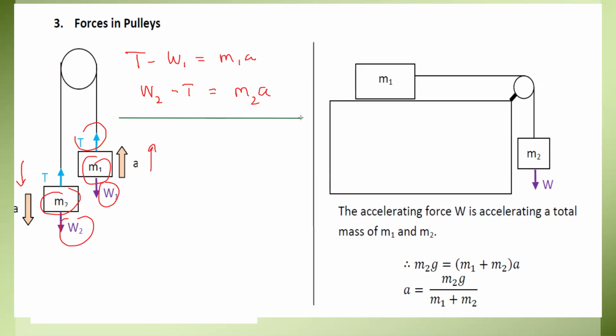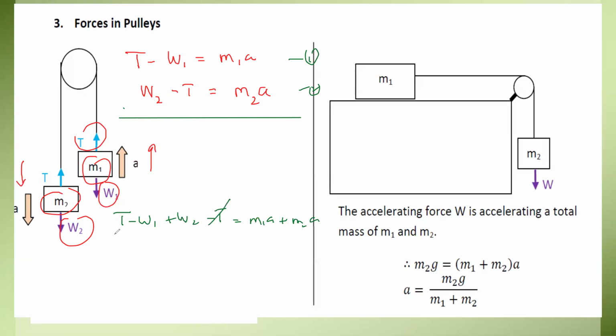If I add the two equations, this is equation 1 and this is equation 2. I just add them. So I can write T minus W1 plus W2 minus T is equal to M1A plus M2A.